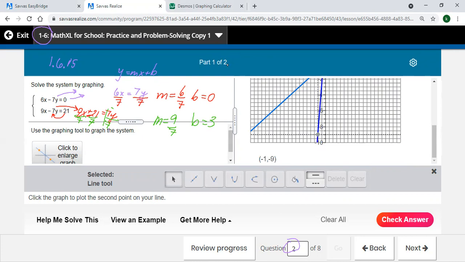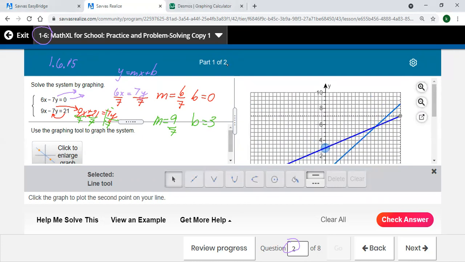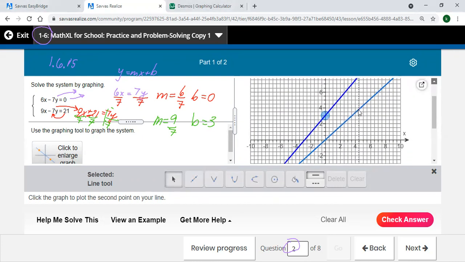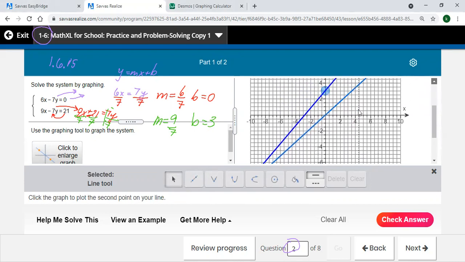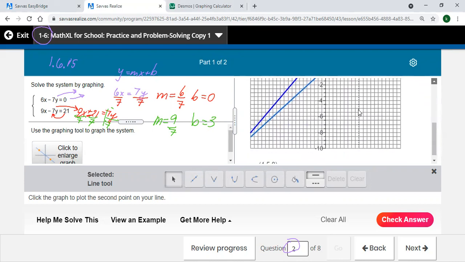So that'd be, boy, I wish I could see my x-axis here. I'd have to zoom out so I can see the axis and that point, right? I was up at 3. So if I go down 9, that'd be the, oh wait, if I go down 9 from 3, that would be at 6, right?